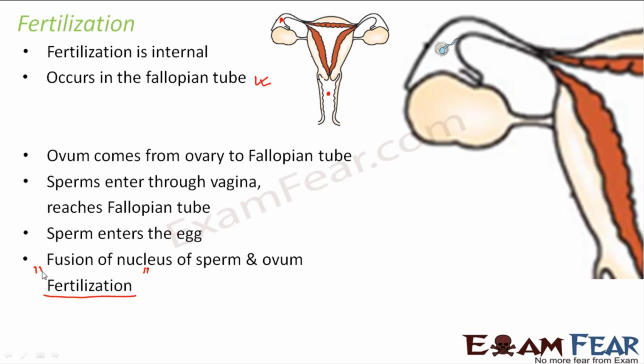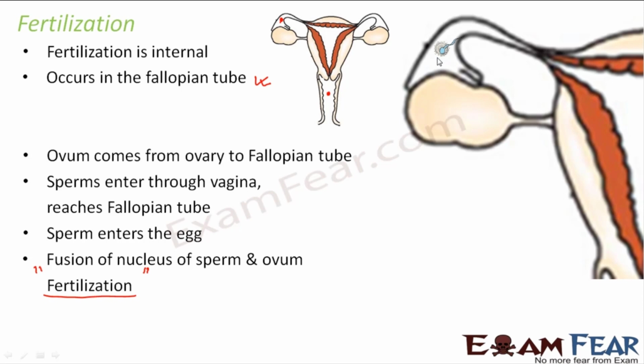Right? Now, another question is that just now I told you that one matured egg gets released from the ovary every 28 days. Now the question is that the unfertilized egg, before the egg has met the sperm, will that egg remain alive forever? Will the egg remain alive for the next 28 days as long as the next egg doesn't get released?